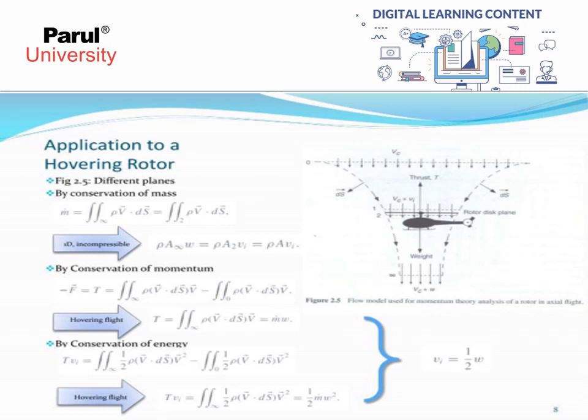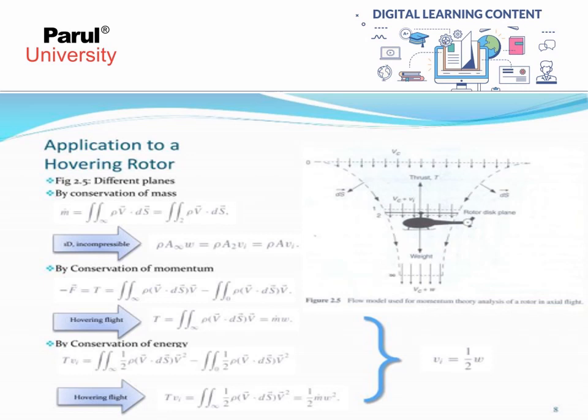By the conservation of energy, T into vi is equal to the integral at infinity of 1 upon 2 rho v dS, mass flow rate into v square, final minus initial, which is the integral at point 0 of 1 upon 2 rho v dS into v square, final minus initial. For hovering flight, T vi is equal to the integral at infinity of 1 upon 2 rho v dS into v square, equal to 1 upon 2 m dot omega square.